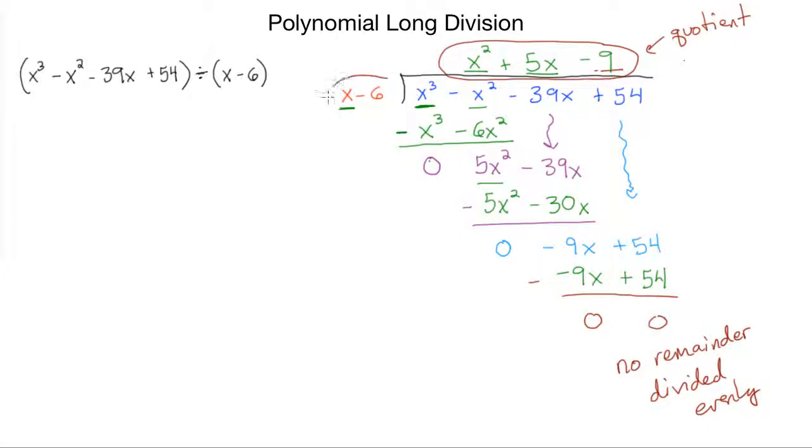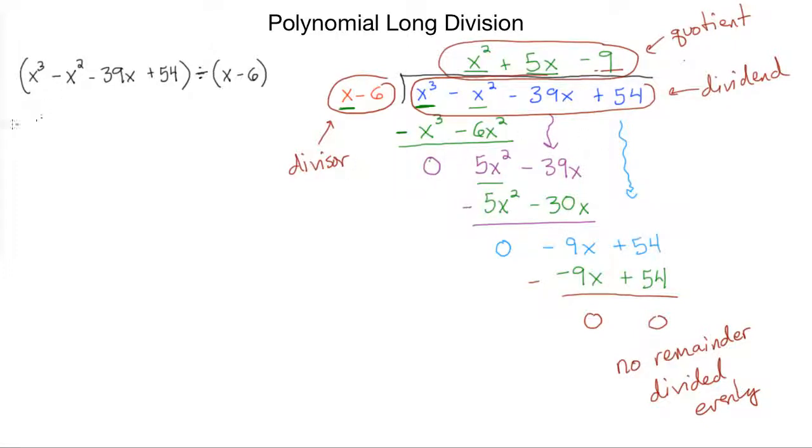And just for labeling's sake, this part was the divisor because we're dividing into things. And this whole part here is the dividend. So there's some terminology in terms of dividing.